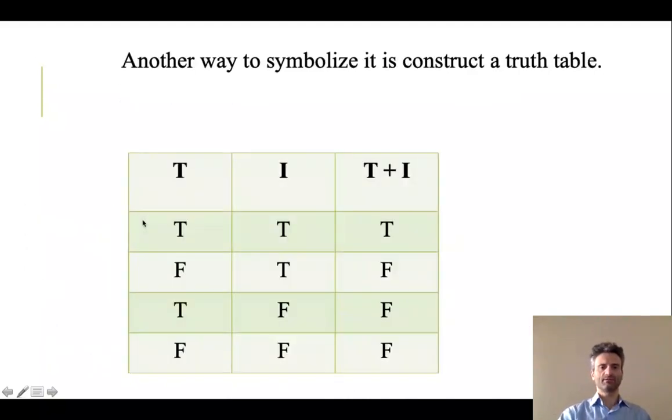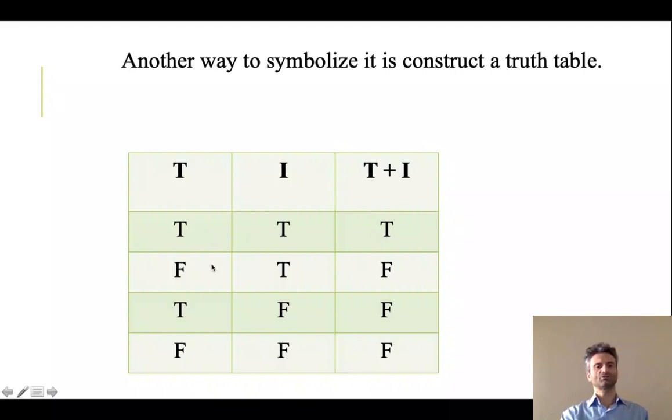Let me represent that with this truth table. Okay, as you can see in this table, T is Charlie is tall, I is Charlie is intelligent, and T plus I is Charlie is tall and Charlie is intelligent, the entire compound statement. Right. So, as you can see, when T is true and I is true, the compound statement is true.